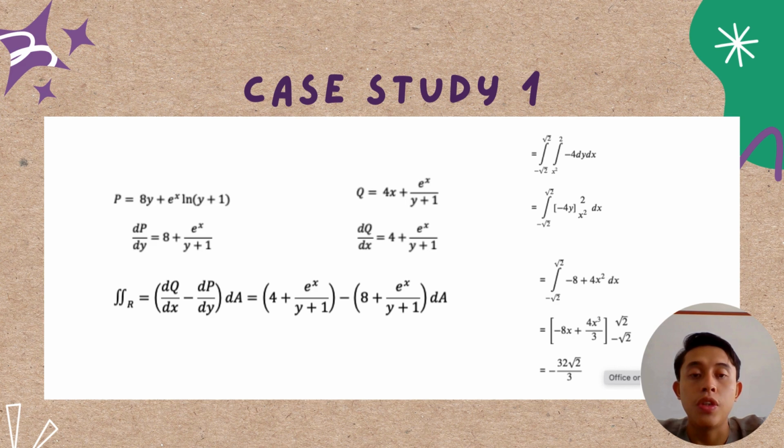Then we integrate in terms of y first and get negative 4y. After that we integrate in terms of x, and we get the final answer, negative 32 root 2 over 3.